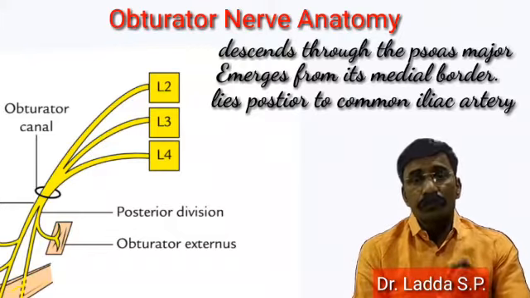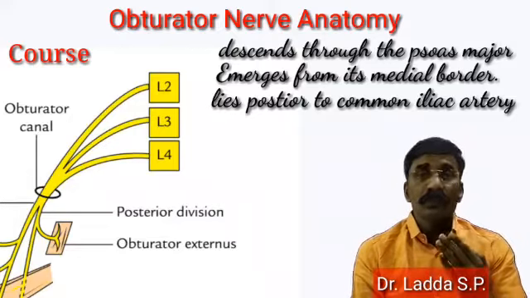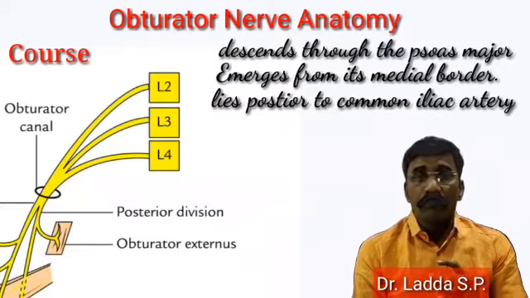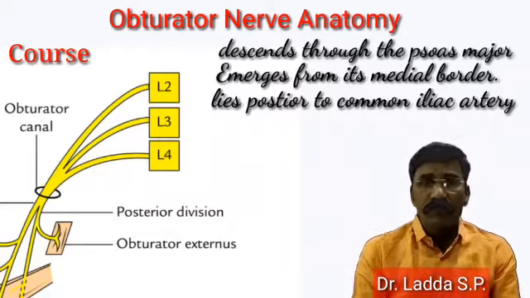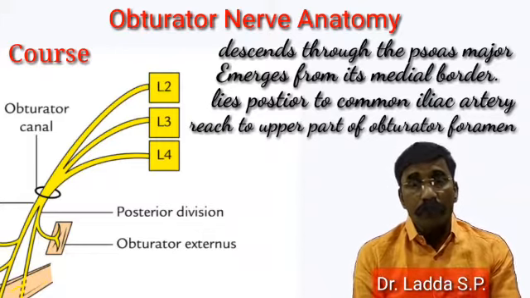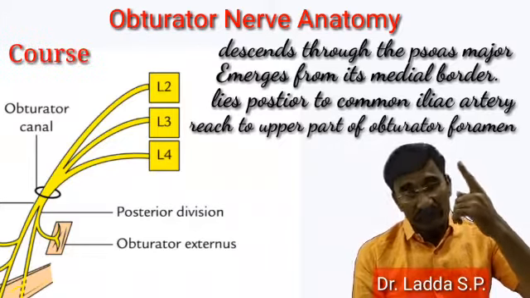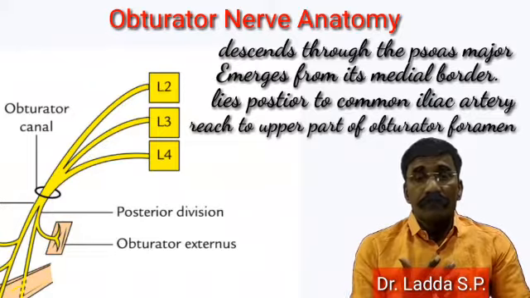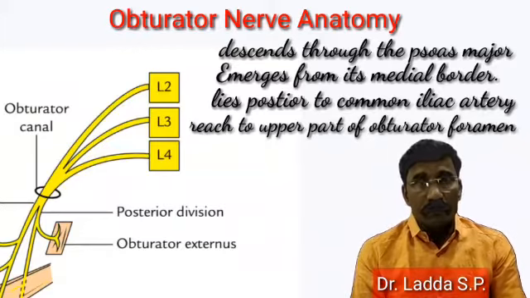It then travels posterior to the common iliac artery, means the common iliac artery lies anterior to the fibers of obturator nerve, and laterally along the pelvic wall to reach the upper part of obturator foramen of the pelvis. So the fibers take origin, pass through the psoas major, then lie posterior to the common iliac artery and finally reach the obturator foramen.